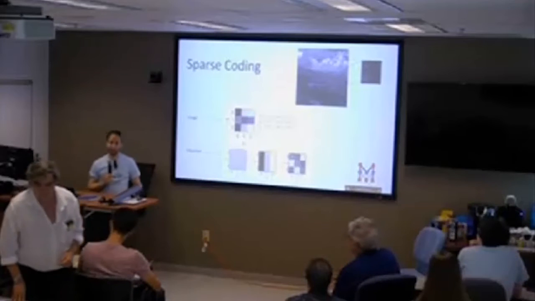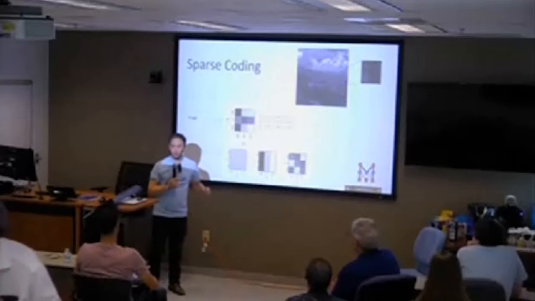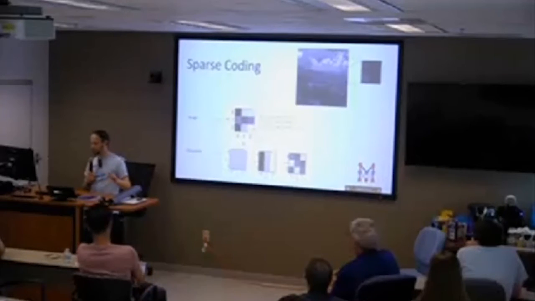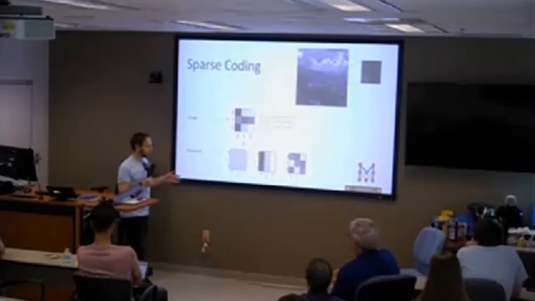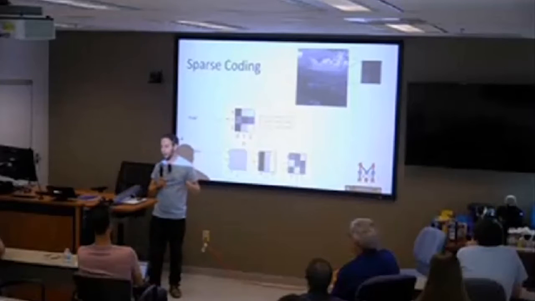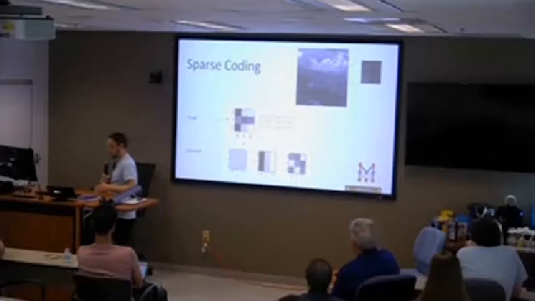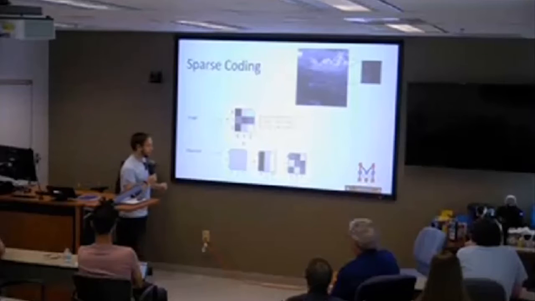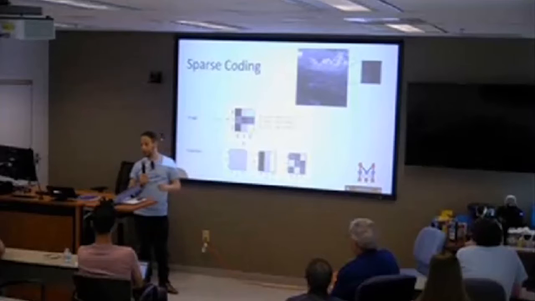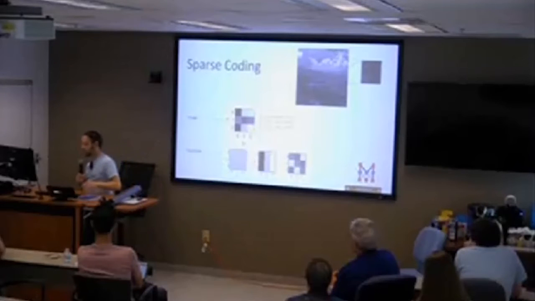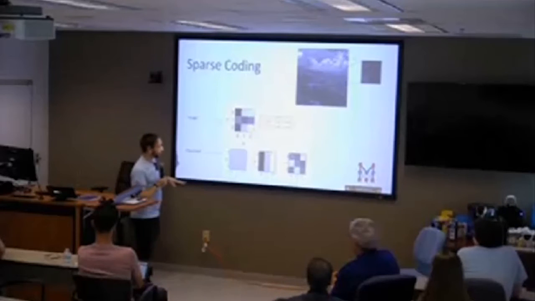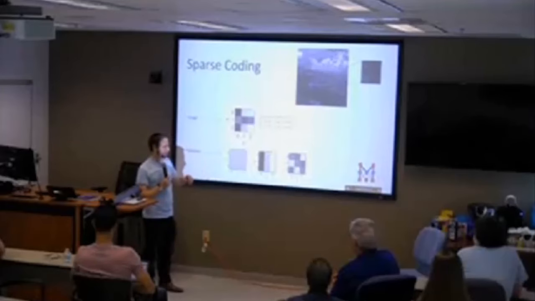I first encountered sparse coding at a computational neuroscience retreat where I was first introduced to the work of Field and Olshausen. And I think it's probably one of the most important findings in computational neuroscience history. And that's the idea that if you give a model this constraint that it has to encode information in a sparse fashion, you end up with something quite remarkable. I'll reserve that for just a moment.